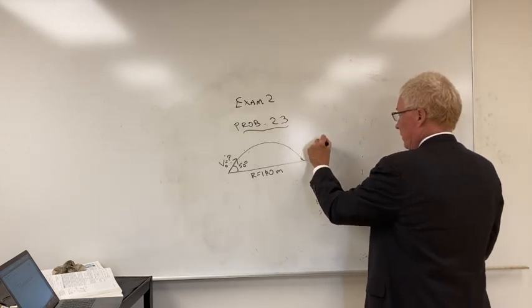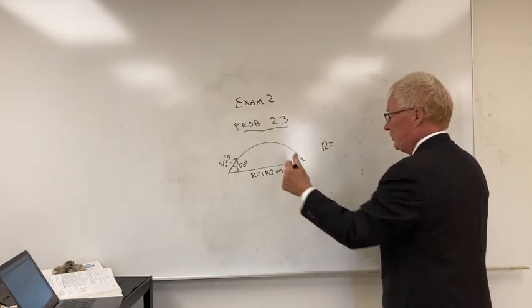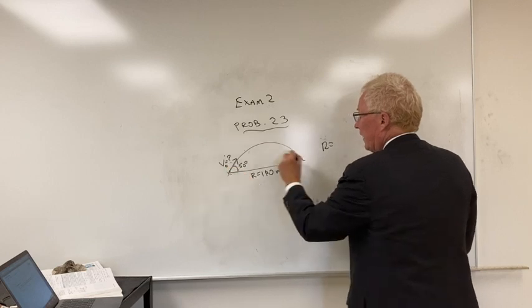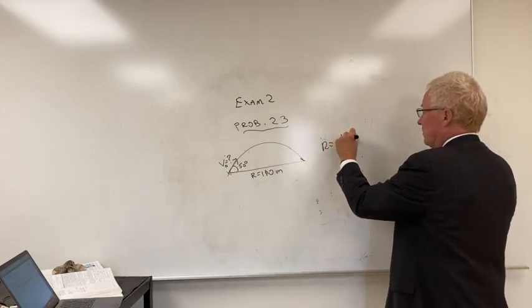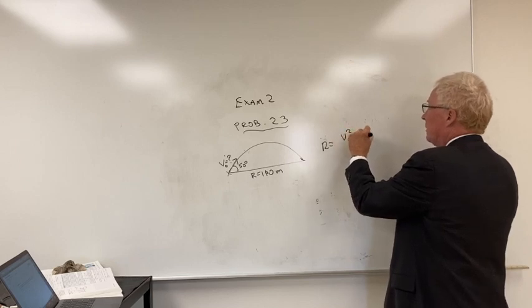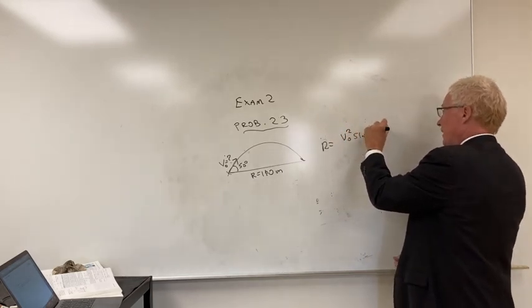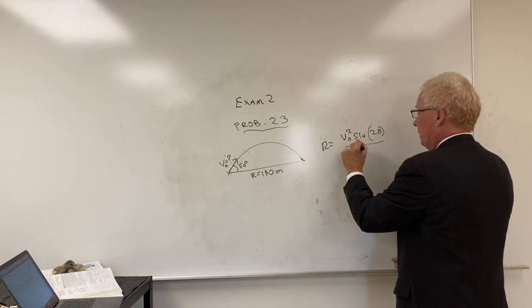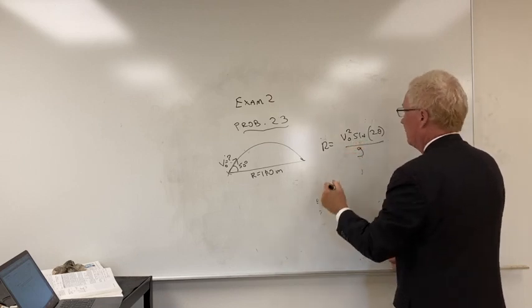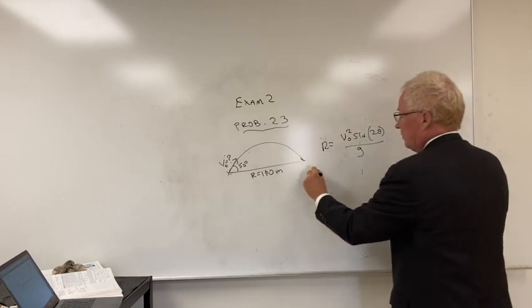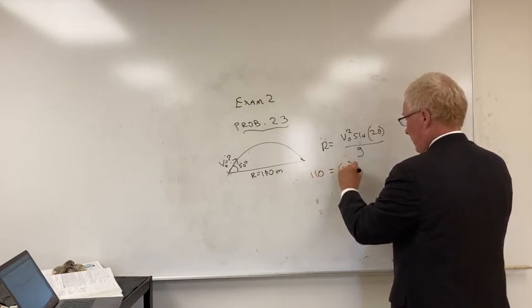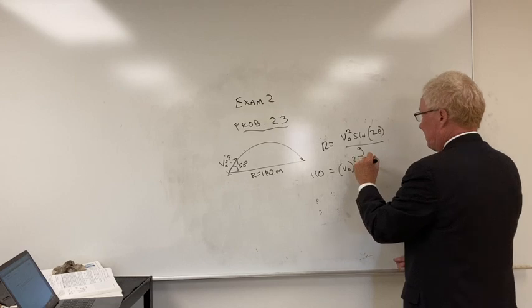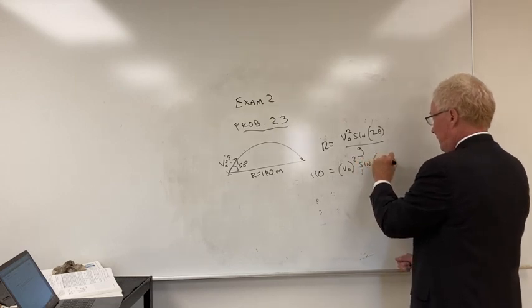So it's range, you use our range expression because it lands at the same height that it launched at. So this is V naught squared times sine of 2 theta over g. So we're going to say 110 equals V naught squared times sine of 2 times 50.